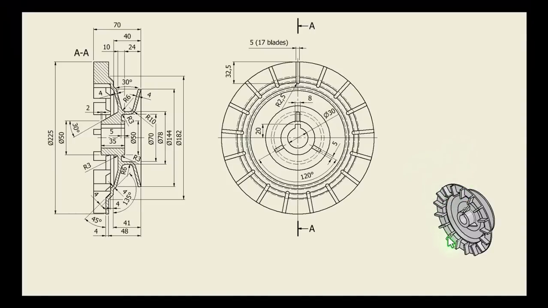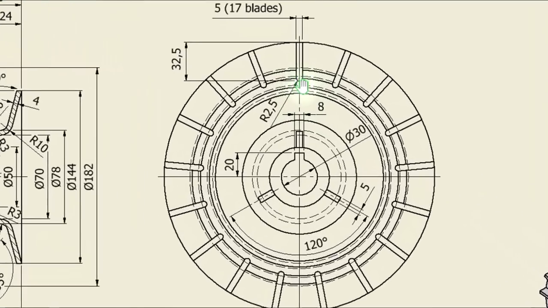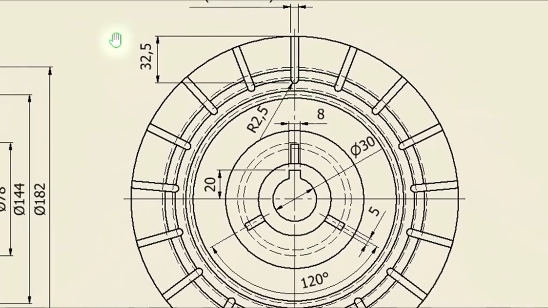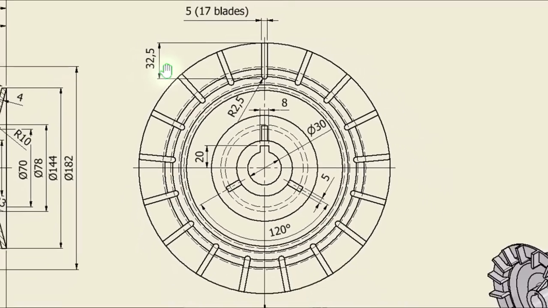Then we have to place these blades. There are 15 blades with a thickness of 5 millimeters and a distance of 32.5 from this button point. This means that we'll place an arc with a center at 30.